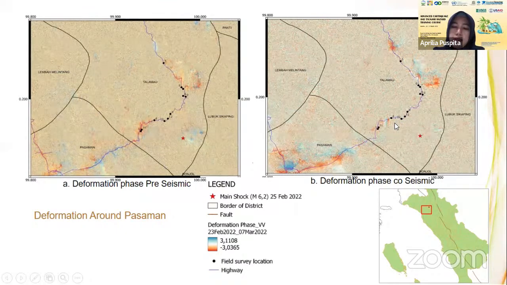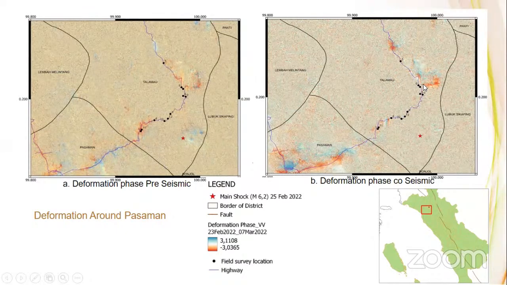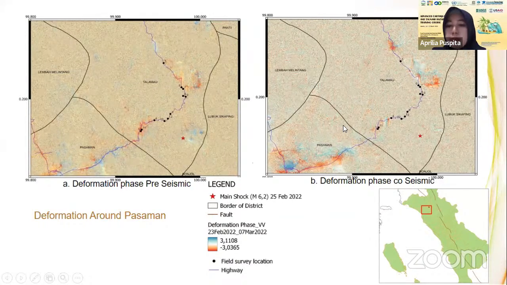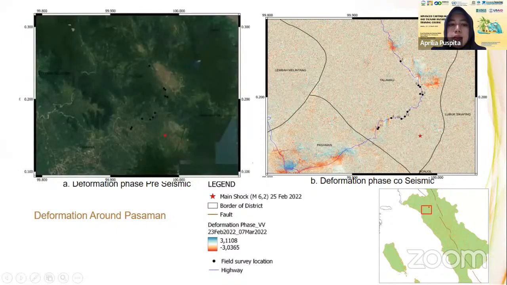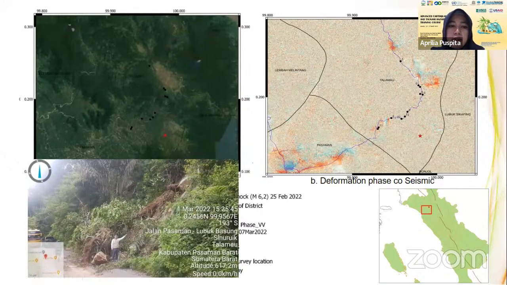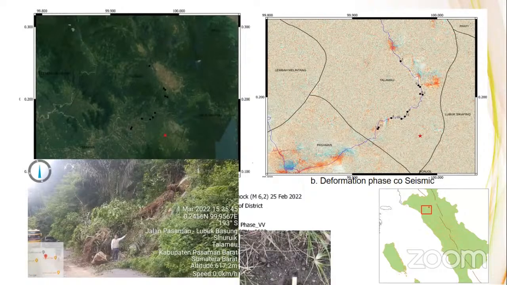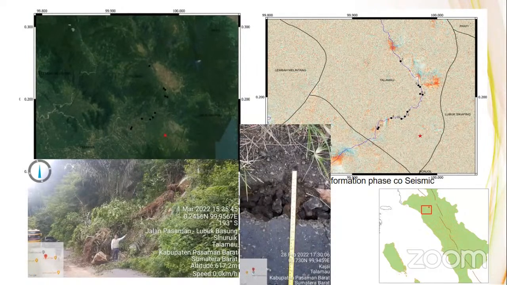I think there were many landslides in several points here. This is a picture of the area from Google satellite. This is a picture of the field survey done by BMKG. This is the deformation area.